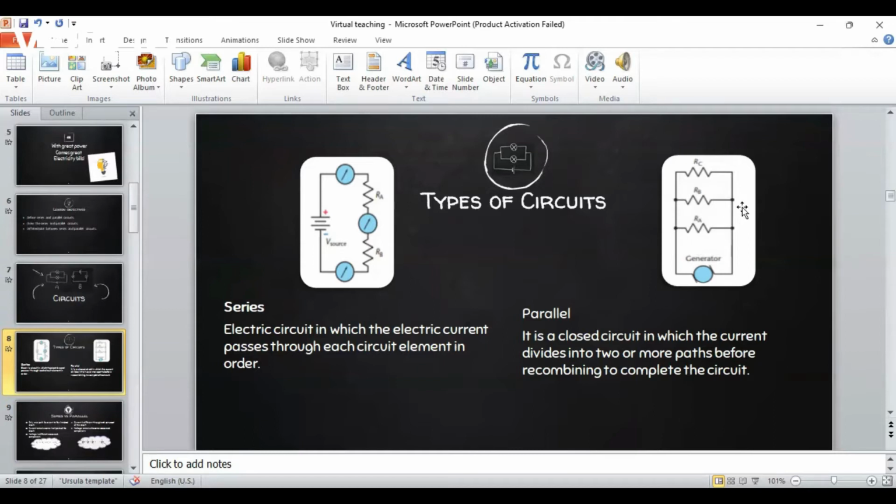It gets divided over here, and only part of the electric current goes through each branch, and then when it goes to this junction, part of the electric current will flow to this side. So these are the examples of a series and parallel circuit.